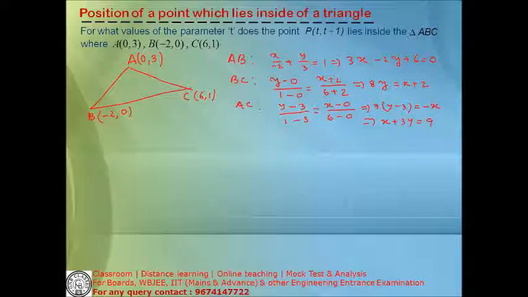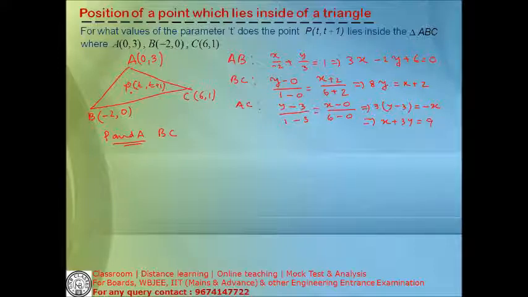Now the point P, which is (t, t+1), is lying inside the triangle. So we can say that the points P and A are on the same side of the straight line BC.